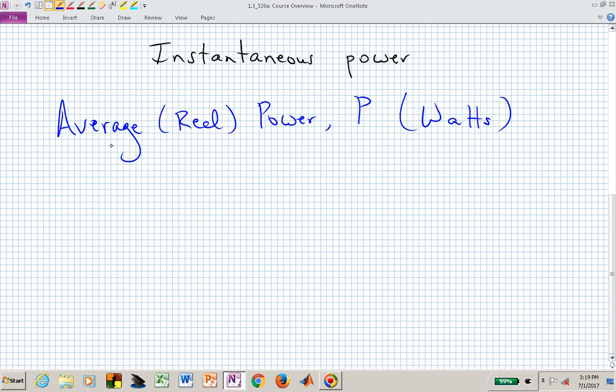So in chapter 10, we'll be dealing with sources and loads. The loads are how much power we need to operate effectively. Again, we're talking about average power in watts, the work being done per unit of time.